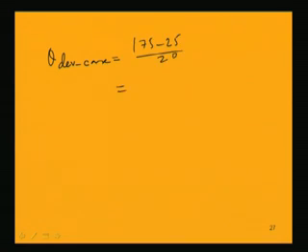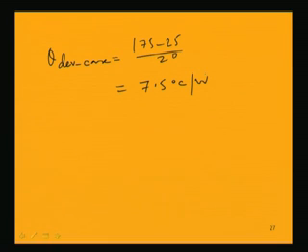So, from this we get theta device, thermal resistance between the device and the case is equal to 175 minus 25 by 20. So, that is 7.5 degrees centigrade per watt.